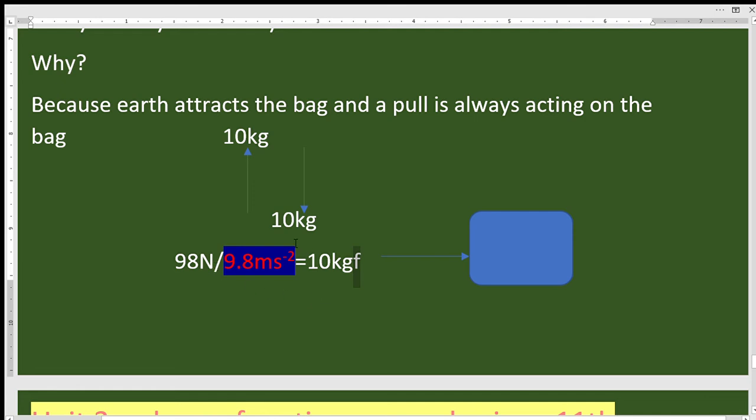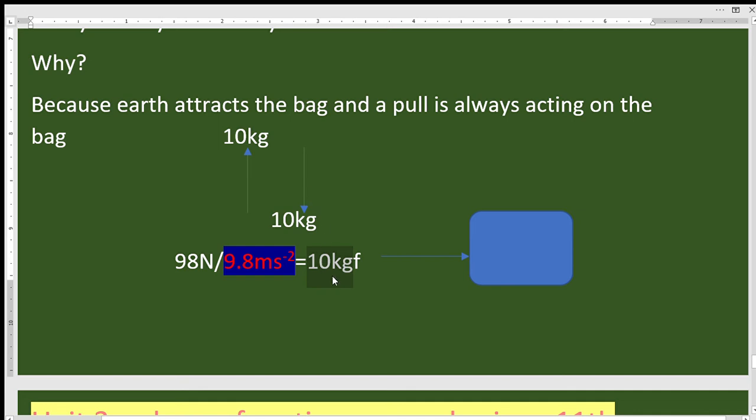Because of the feeling which we have by carrying a vertical mass hanging in our hand, from that feeling, when we apply some force on a table like this, we don't tell it in newtons, we say I am applying this much force, 10 kg, because I had the feeling of 10 kg.